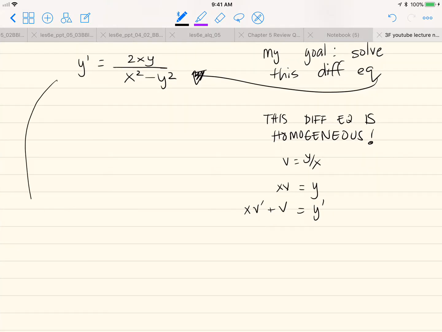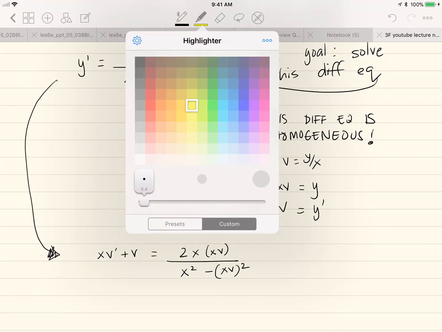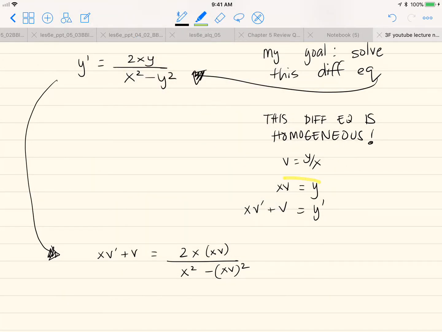So our differential equation with our substitution is going to become x v prime plus v equals 2x. Now remember, what is y? Y is x times v. xv over x squared minus xv squared. What have I done? I have replaced y with xv. So instead of y, I have xv.